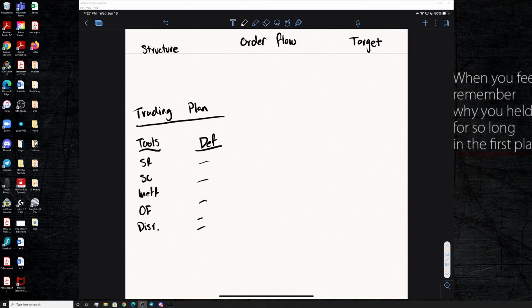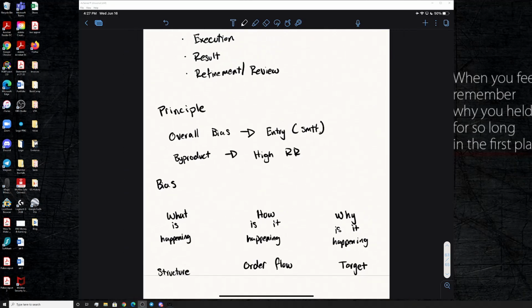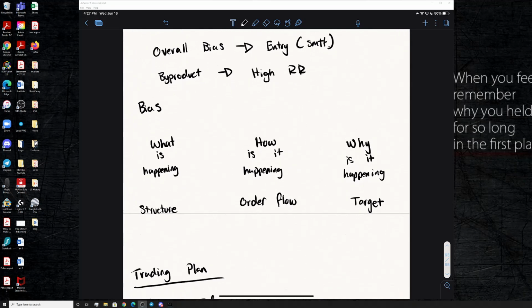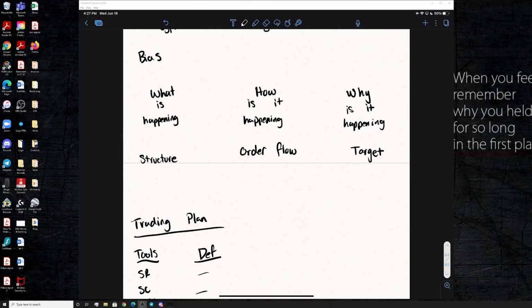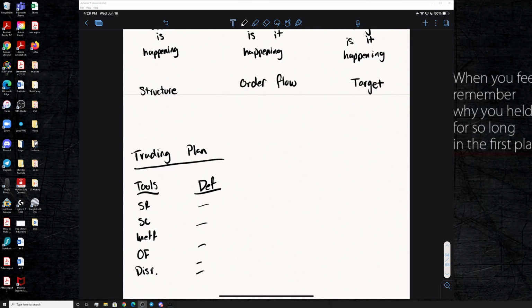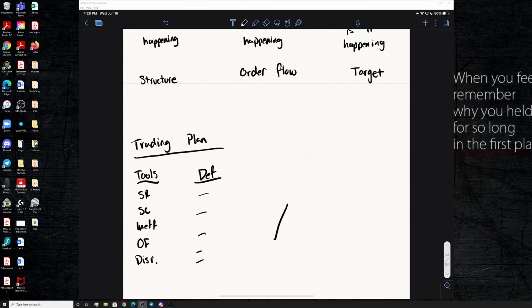So you now have what you're trading. You're now looking for a bias, right? So you have to reiterate what is happening, how is it happening, why is it happening. So let's say in terms of structure, I see an uptrend. Why is it happening? Because order flow is also bullish, right? Now, why is it happening?